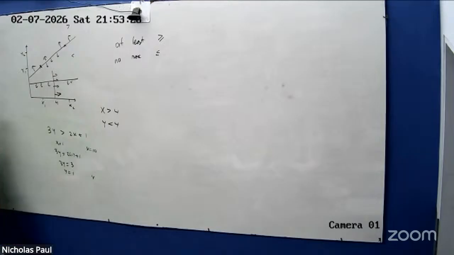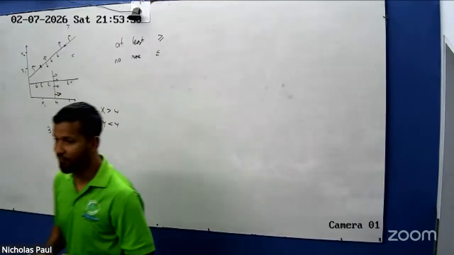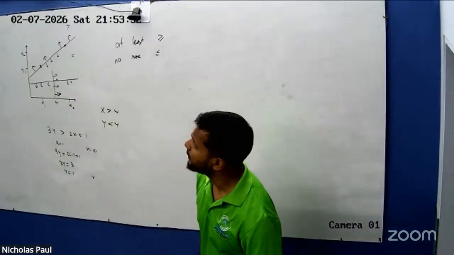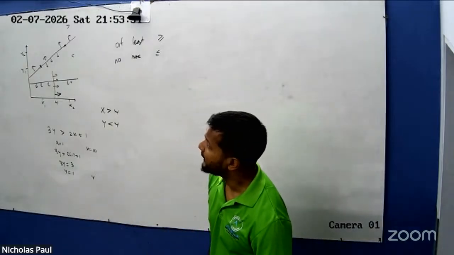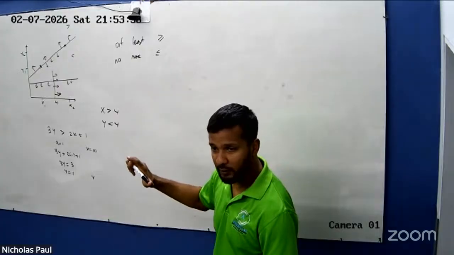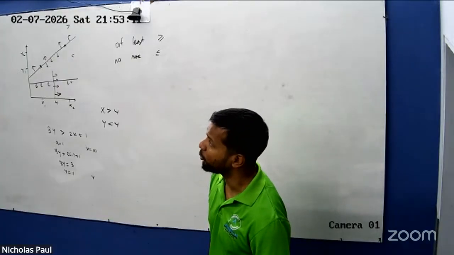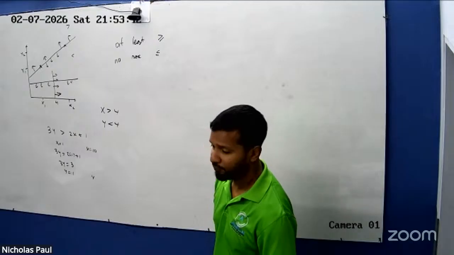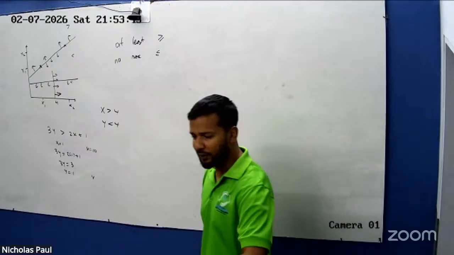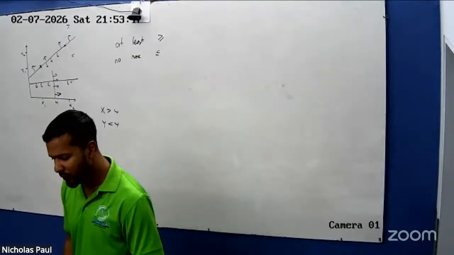All right? So you are going to learn to develop inequalities, and then draw them and shade them. And all that together is a topic called linear programming. So put a little subheading, linear programming.